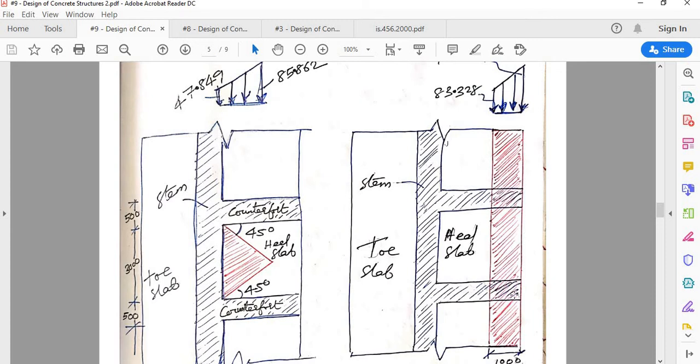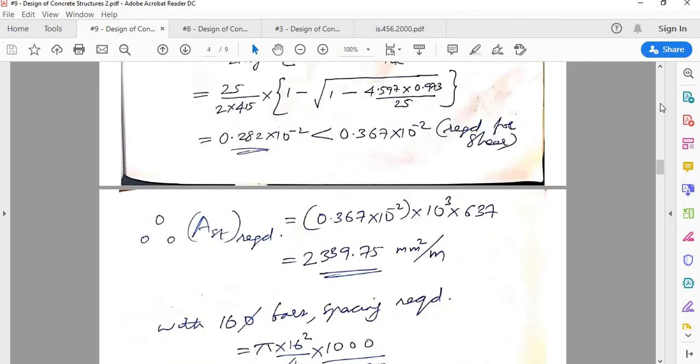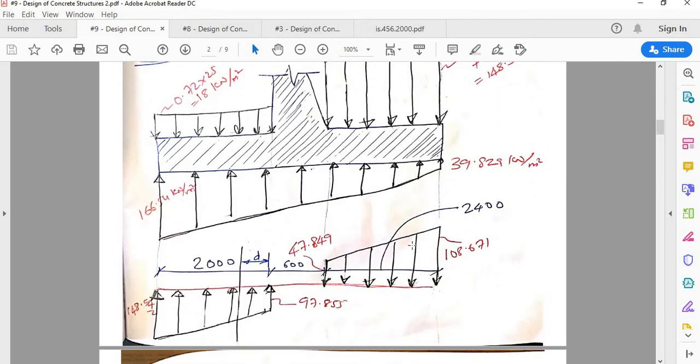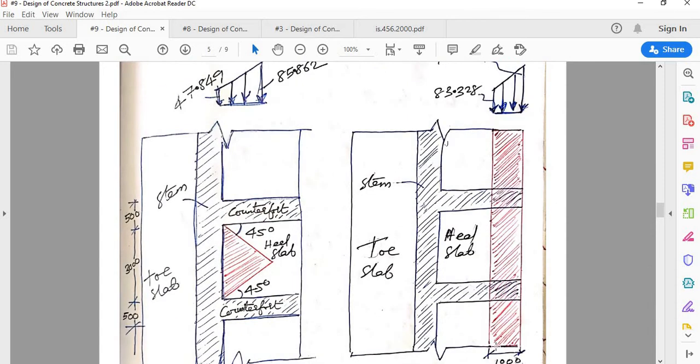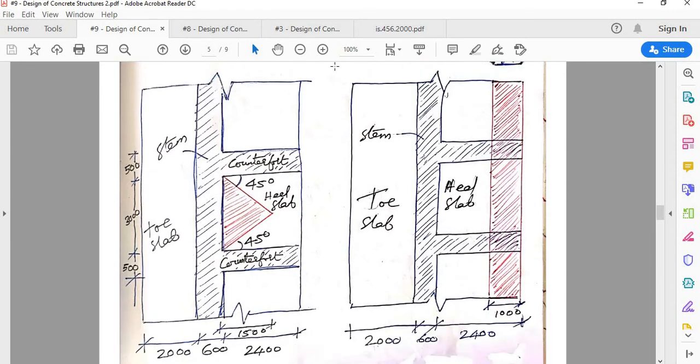This is a continuous slab, sorry, not a continuous beam. Since net pressure is acting downwards, if you try to imagine it, it is like a continuous beam which has tension at the bottom towards midspan and tension at the top at the counterfort locations. Remember, this is plan view.